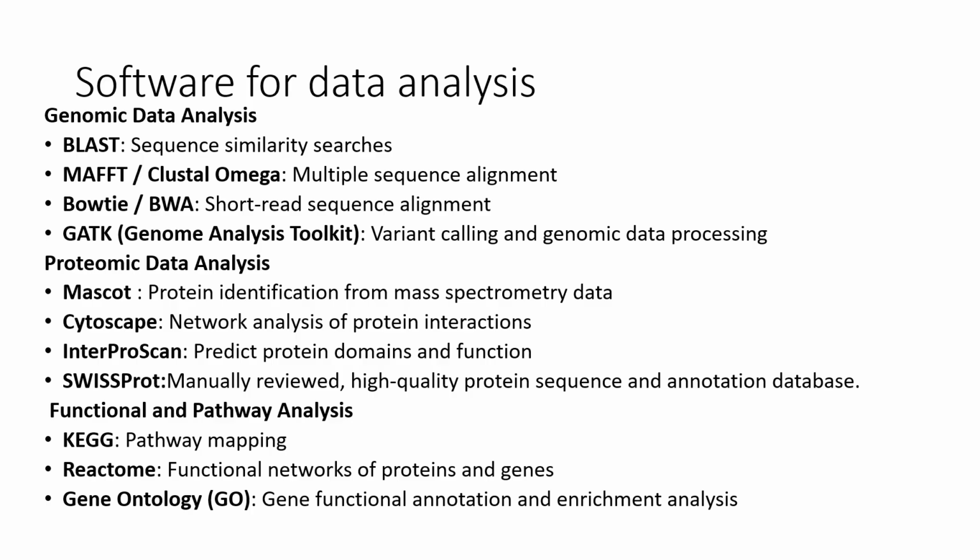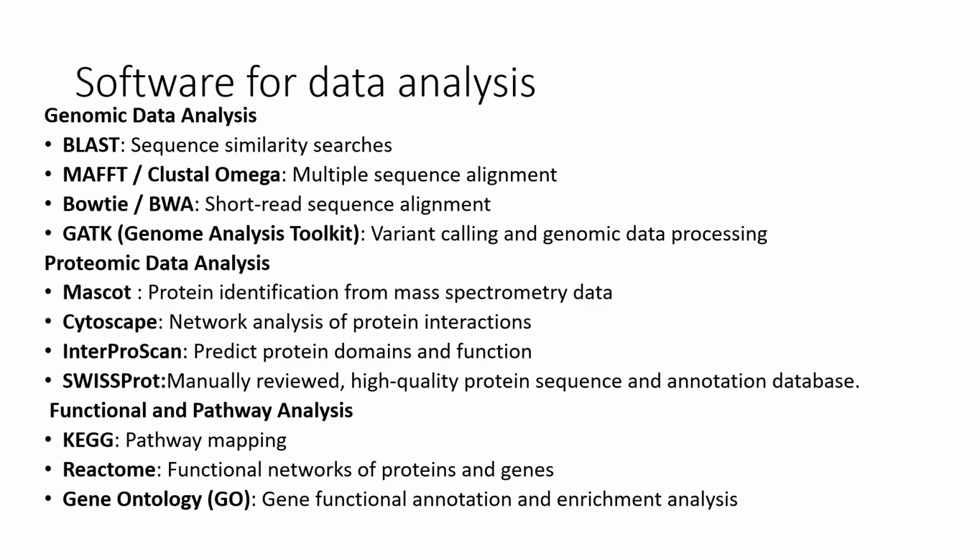At the same time, instead of only two sequence similarity searches, you use multiple sequences and align them. Alignment means you compare them to each other. Bowtie is short read sequence alignment, so you read shorter sequences rather than full length sequences. And Genome Analysis Toolkit is for variant calling and genomic data processing, which is very useful in mutation analysis.